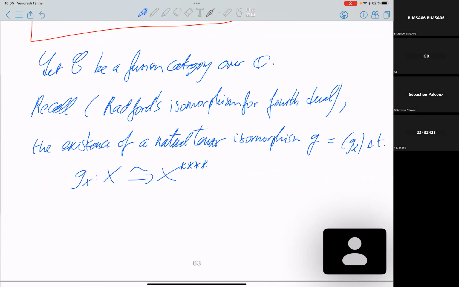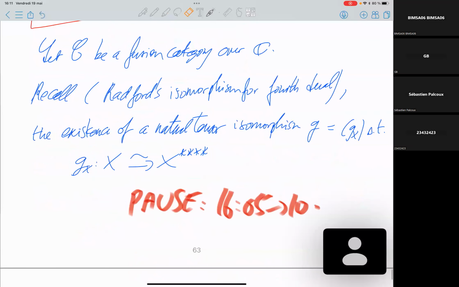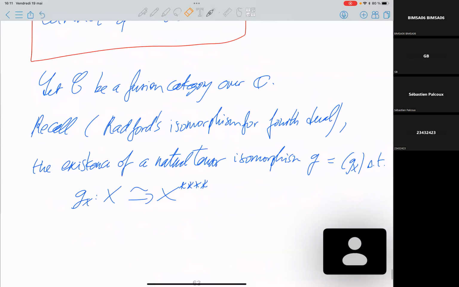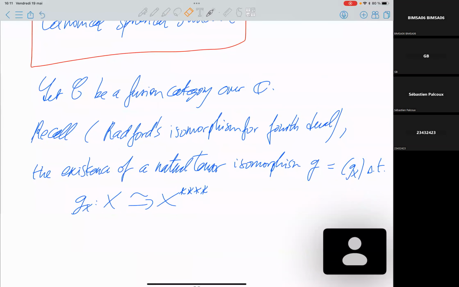So we will start with that. Now we will make the pause. So, a natural tensor isomorphism between the identity functor and the fourth dual functor, which was called the Radford isomorphism for fourth dual.